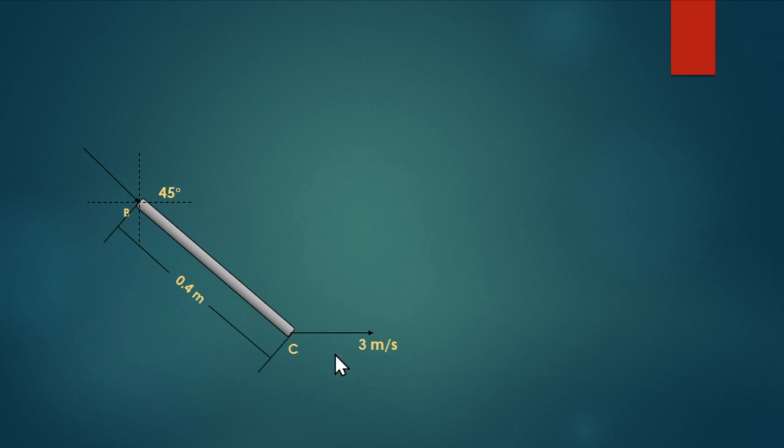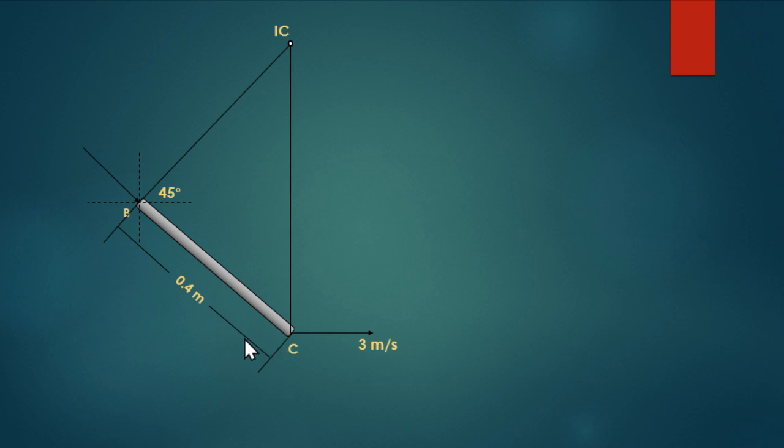So we can get the 45 degrees by extending this line, the velocity at point B. So let us extend its line of action. They should intersect, and at that intersection point is the instantaneous center.